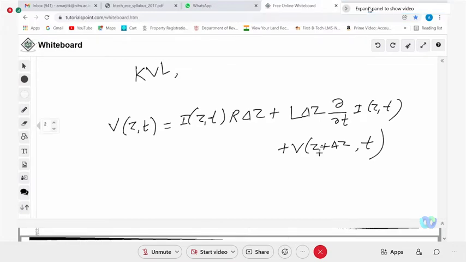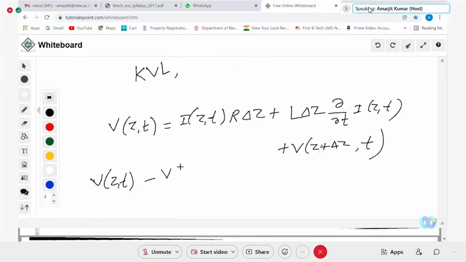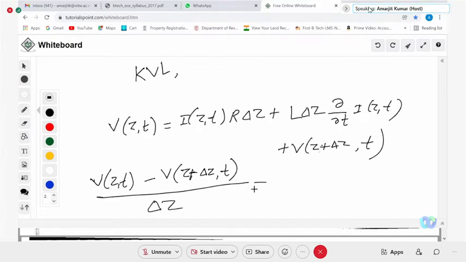So this is the Kirchhoff's voltage law. Then V(Z,T) minus V(Z plus delta Z, T), divided by delta Z, is equal to I(Z,T) into R plus L del I by del T.